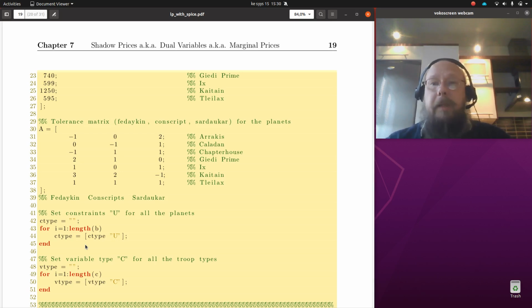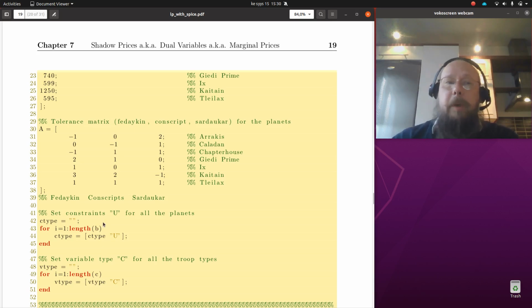So how do I build this string? I start with Ctype as an empty string, so it's a string with just quotes and nothing inside. Then I go in a for loop, so i goes from 1 to length of b. This for loop will loop as many times as we have planets.